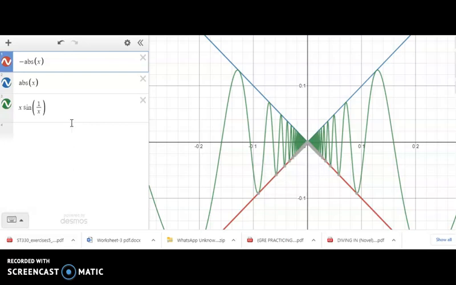So we are sure that x times sine of 1 by x is lying between absolute of x and minus absolute of x, and hence we can apply the squeeze theorem, because this relation holds at least near 0. For our assumptions, it should hold near this point 0. So let's go and compute.